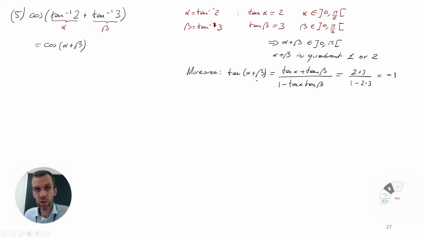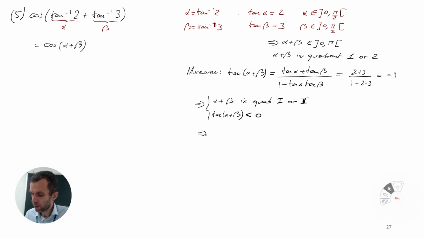So we have that the tangent of alpha plus beta is negative. So what do we know? Well, alpha plus beta is in quadrant 1 or 2. We know that tan of alpha plus beta is negative.